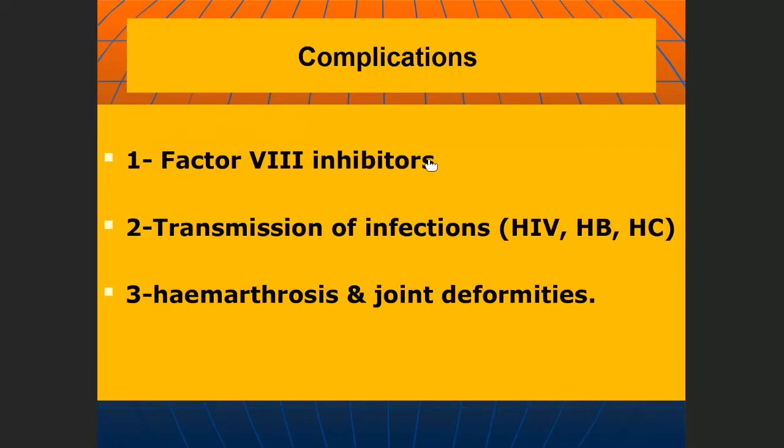So no matter how much factor 8 concentrate we give the patient, it is of no use, because the antibodies will break it down. This is a real and serious complication: development of antibodies or inhibitors against factor 8.